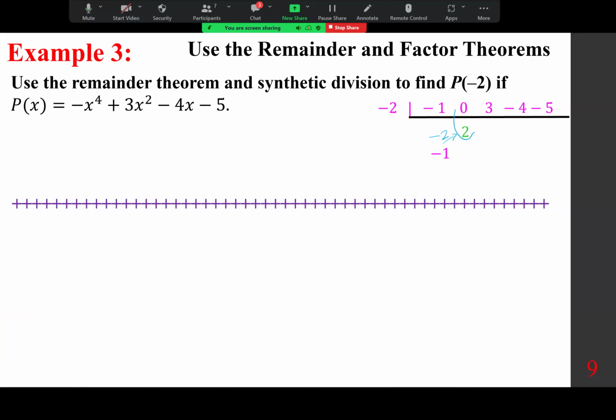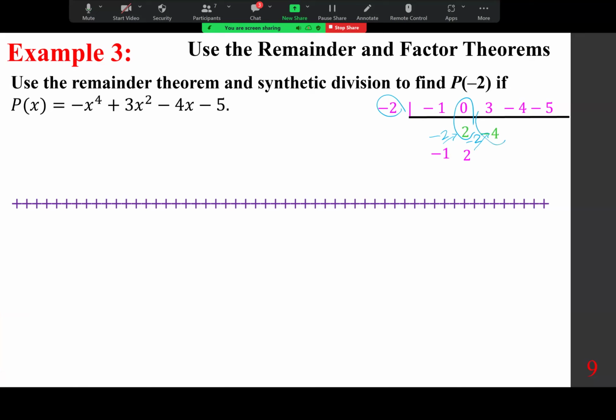We add these two, and we get +2. We keep repeating the same thing. We multiply by the same number, -2, which results in -4. Add these two, we get -1.